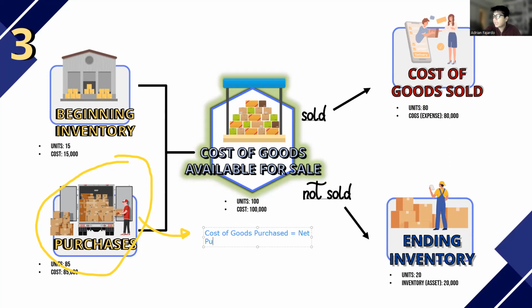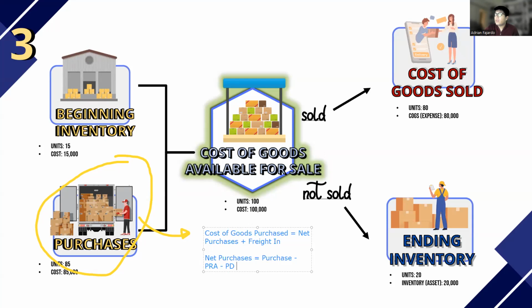Your net purchases plus freight in. Pag may freight out, ignore. Cost of goods purchased is net purchases plus freight in. And again, take note that net purchases is equal to purchase minus PRA, purchase return allowance, minus PD. So, importante yung cost of goods purchased.